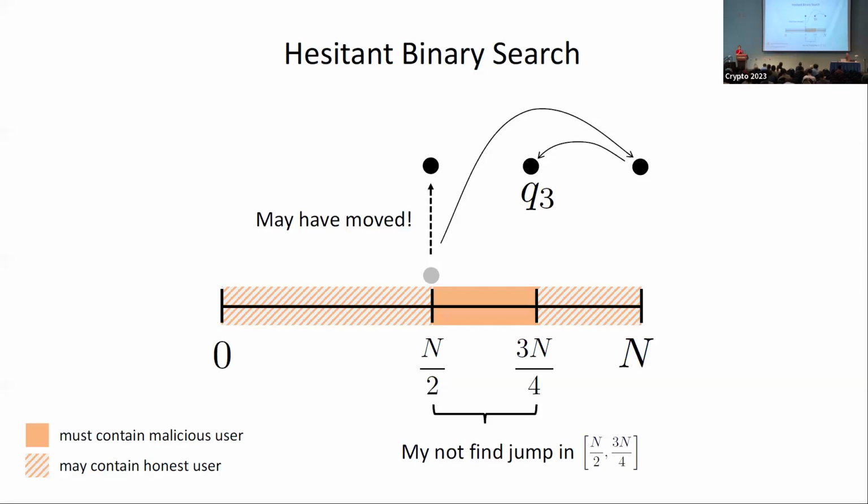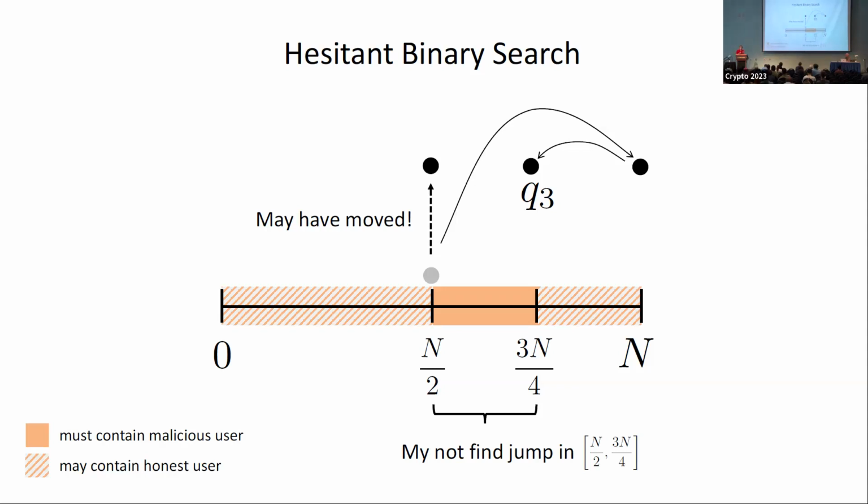But that's not all. We're not done. As we queried on n a second time and then queried on 3n/4, it could be that the success probability on n/2 changed. The last time we queried on n/2 was now three queries ago, and so the success probability on n/2 may have become high.